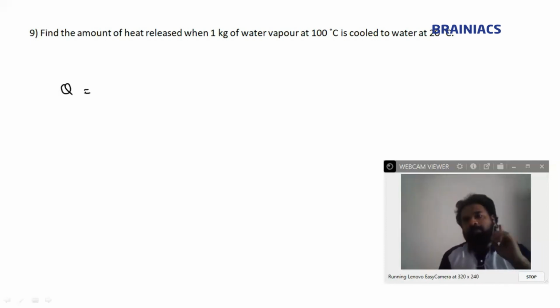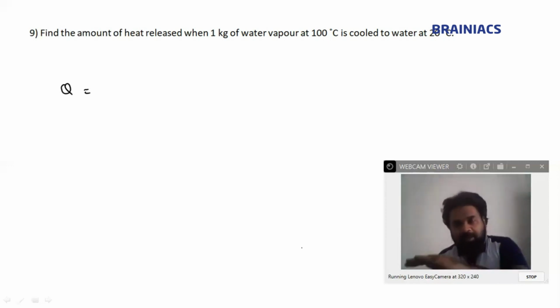Q is equal to, first, water vapor at 100 degrees Celsius must become water at 100 degrees Celsius. The minimum temperature of water vapor is 100 degrees Celsius, at 1 atmospheric pressure. We are considering normal conditions only here.